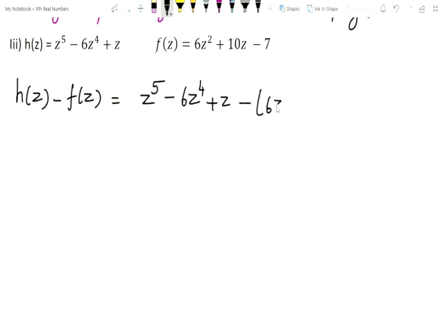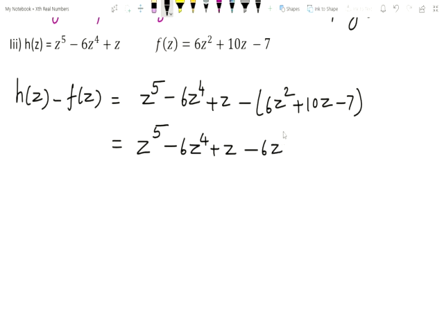minus of 6z square plus 10z minus 7. So z power 5 minus 6z power 4 plus z, minus into plus gives minus 6z square, plus into minus gives minus 10z, minus into minus gives plus 7.